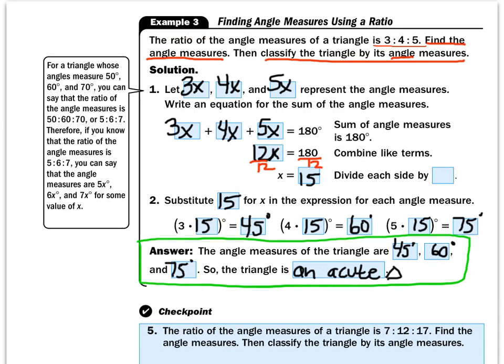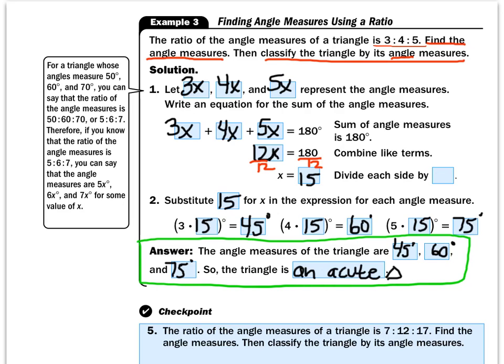Okay, let's look at example 3, finding the angle measures using a ratio. The ratio of the angle measures of a triangle is 3 to 4 to 5. Find the angle measures and then classify the triangle by its angle measures. If the ratio is 3, 4, 5, then we can use x to find the missing amount. So it would be 3x on one side, 4x on the other, and 5x on the third.